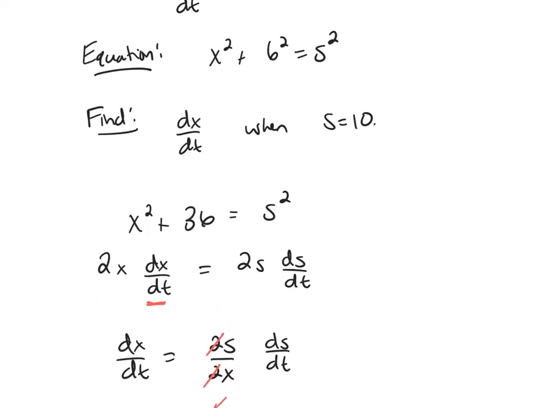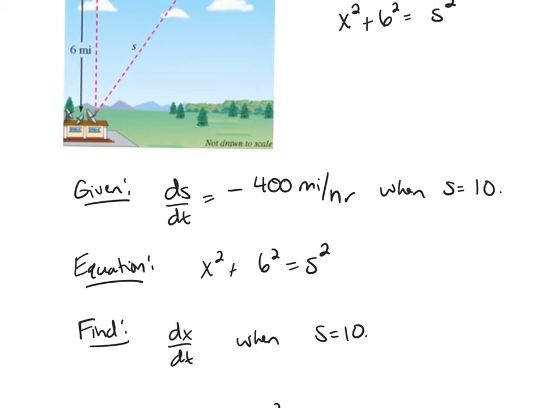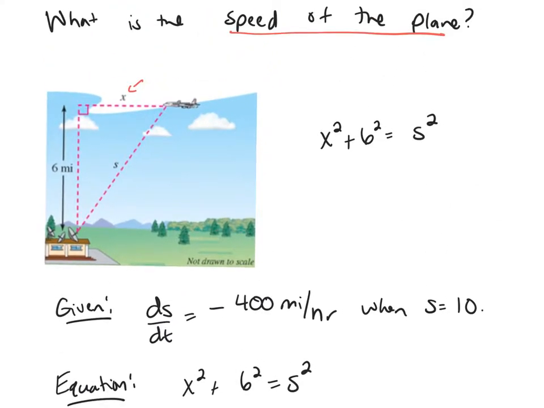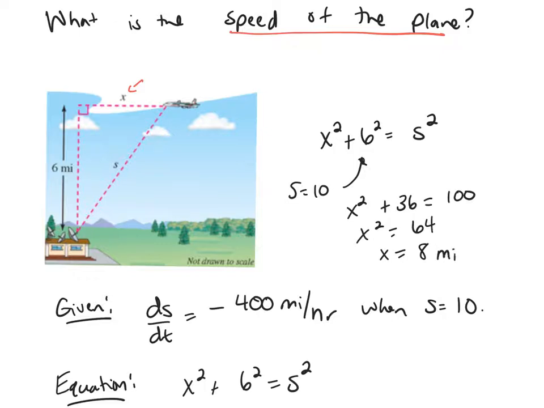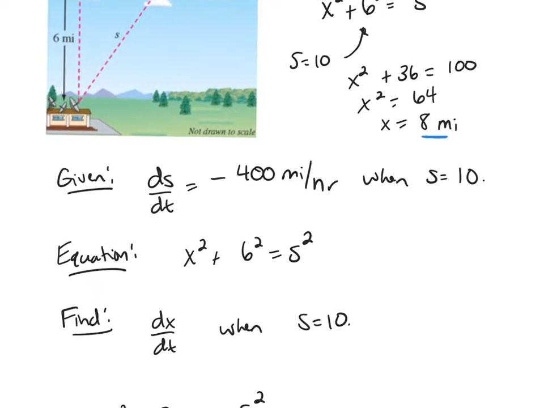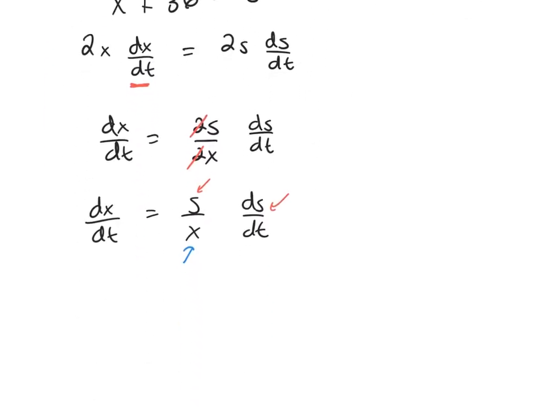So to figure out x, you're going to go back to your equation up here, and you're going to plug in s equals 10 into this equation right here to figure out x. 10 squared is 100, so if I solve for x squared, it'd be 64, so x is going to be 8 miles.